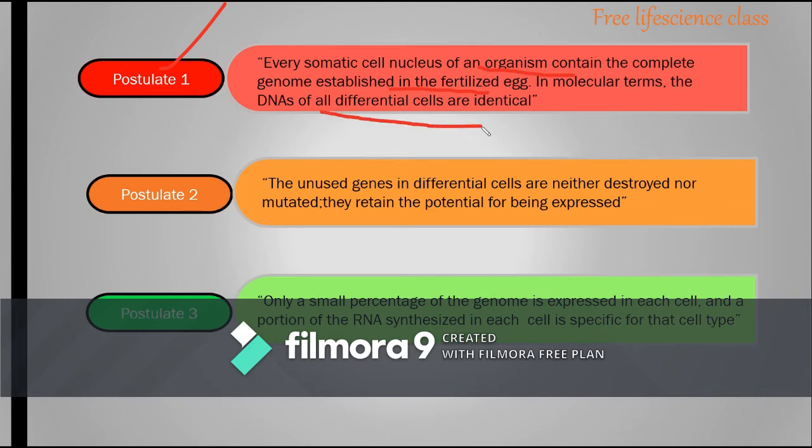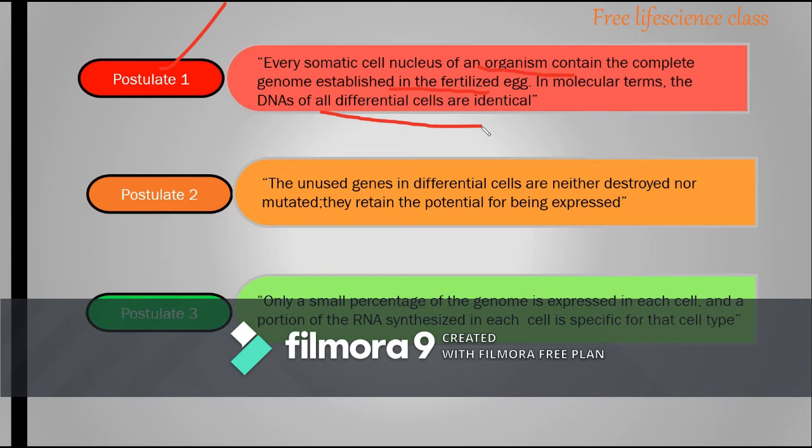You can choose any different cells from the same organism, cells performing different functions, and compare the genomic content. You will get the same amount of genomic content in the cells. That is postulate number 1.